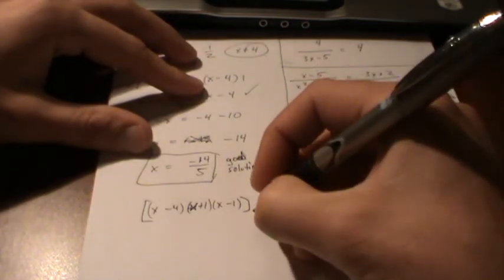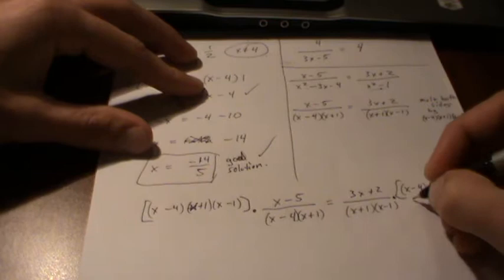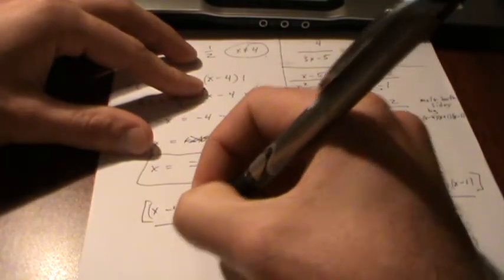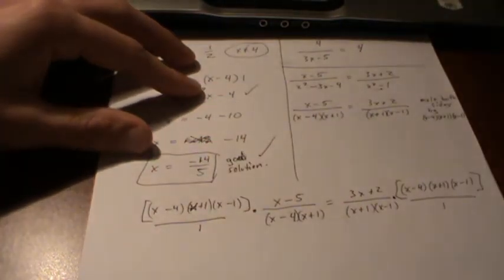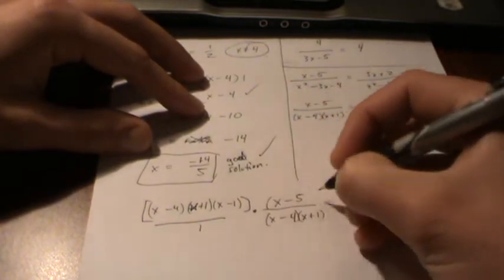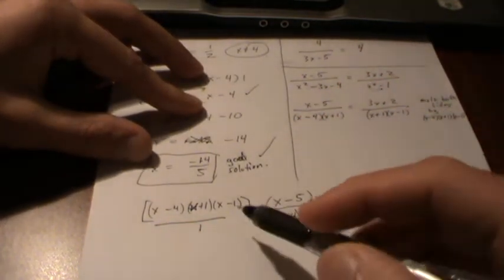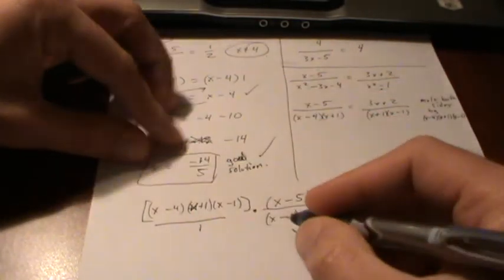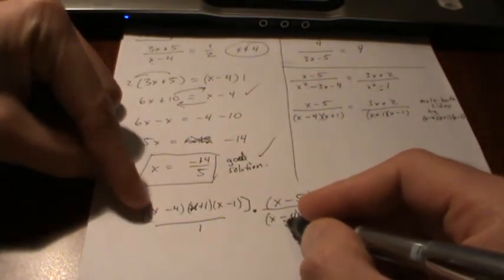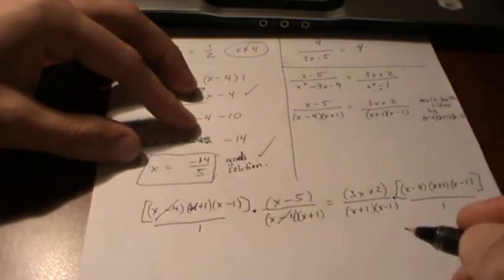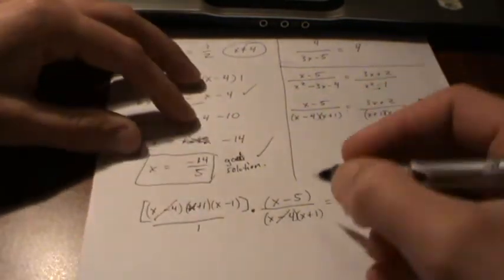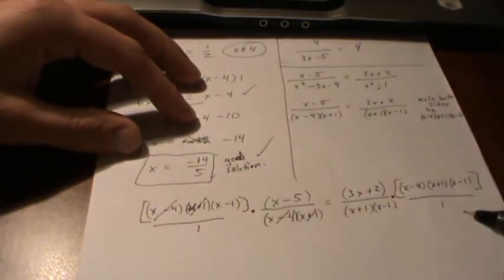And now remember, if you multiply a fraction by a fraction, it's as if these are over 1. And I'll put parentheses around these guys here. And now look at what happens: I've got a common factor here, so they actually cancel. I've got a common factor here, those cancel.